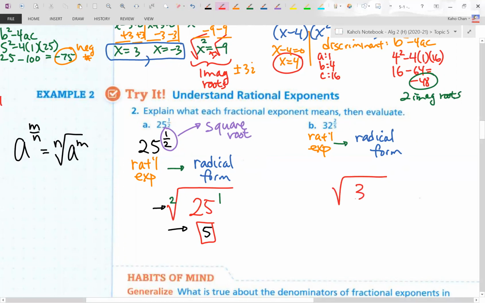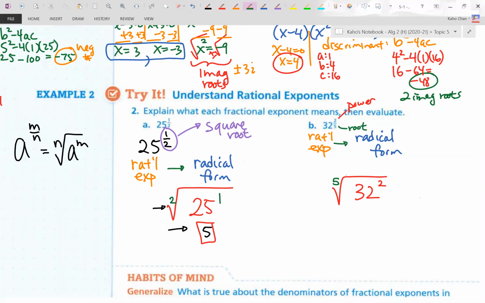Radical, base is 32. The power on top is a 2. And the number on the bottom is the root, of course. It goes right there. Oh, we're doing the 5th root. Keep in mind, that means we need 5 factors, okay?